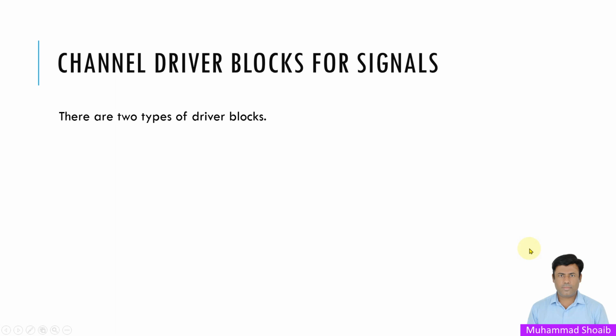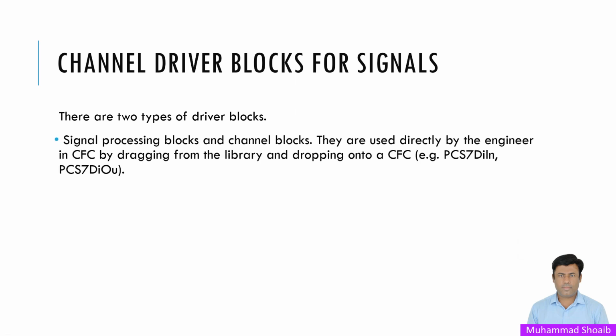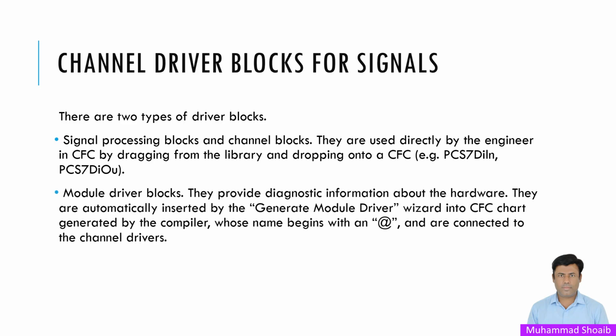So there are two types of driver blocks. The single process blocks or channel blocks are used directly by the engineer in CFC, by dragging from the library and dropping into the CFC chart, like PCS7 digital input or digital output blocks. The modular driver blocks provide diagnostic information about the hardware.